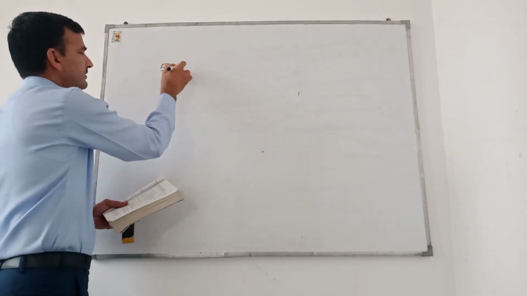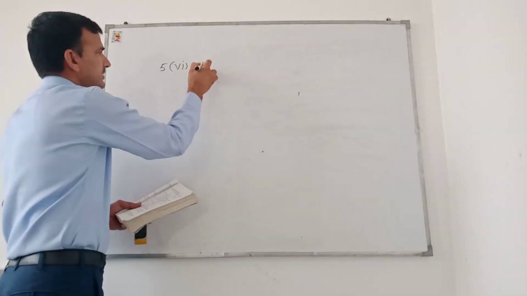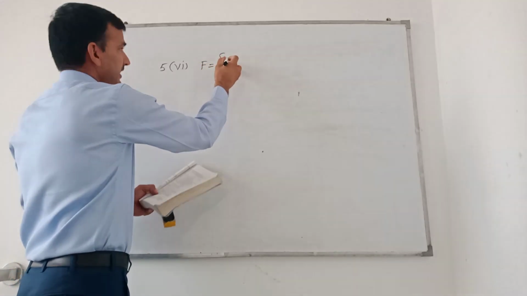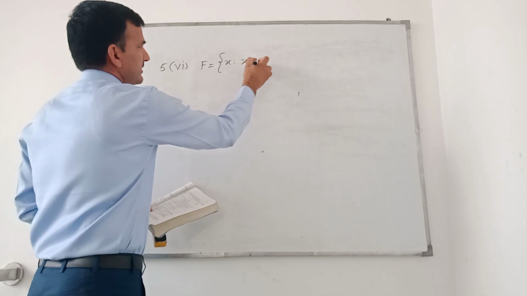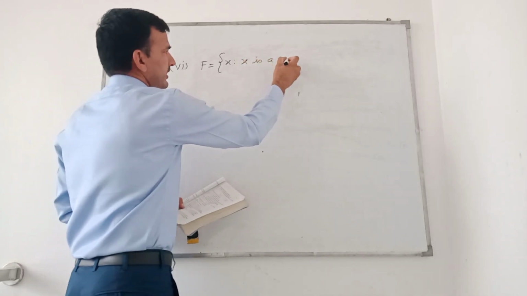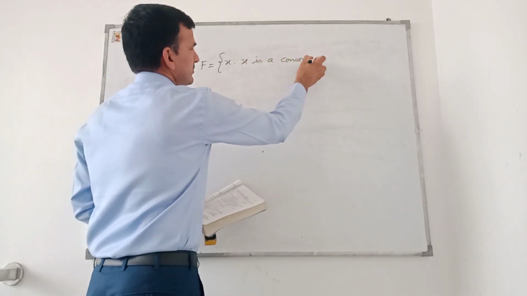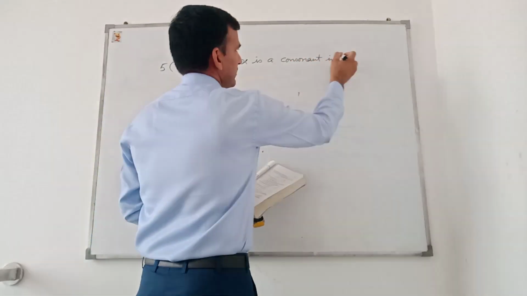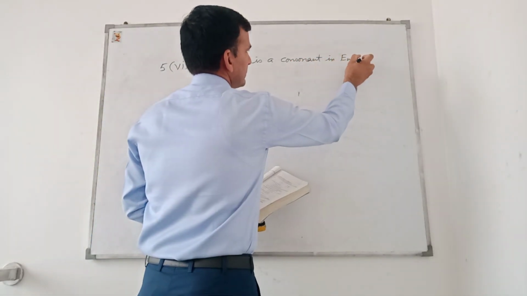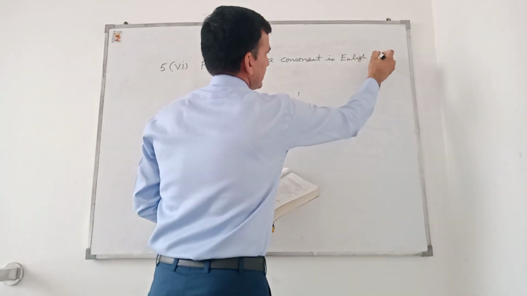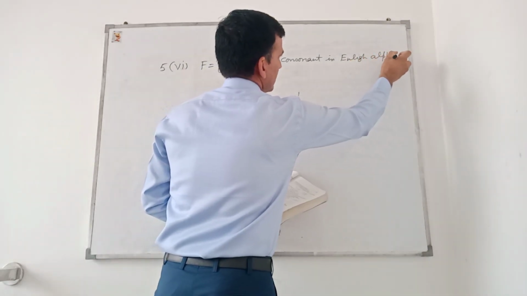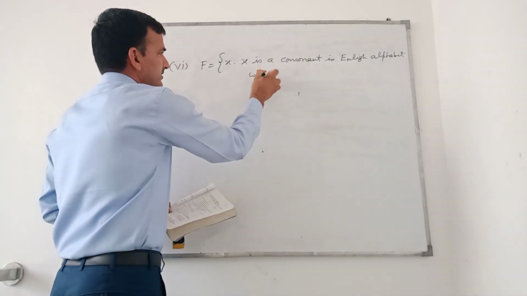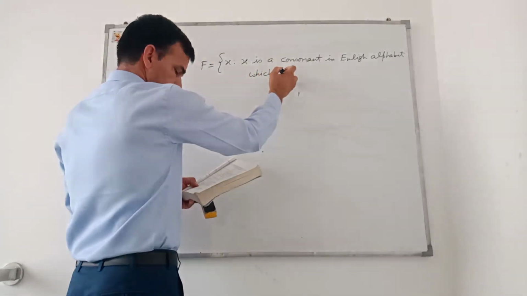Fifth question, sixth part. F is equal to {x such that x is a consonant in the English alphabet which precedes K}.